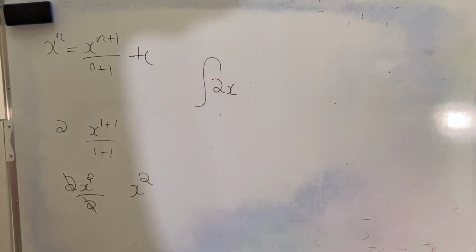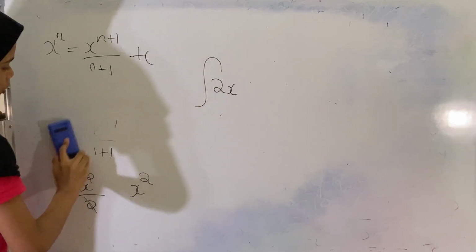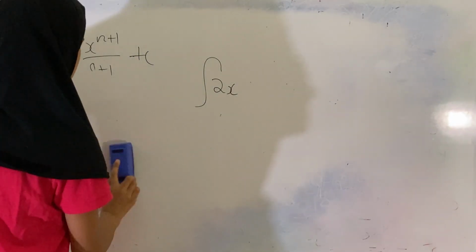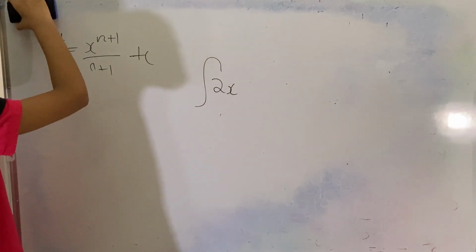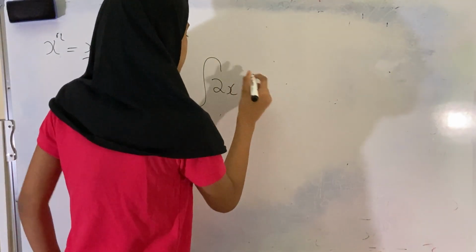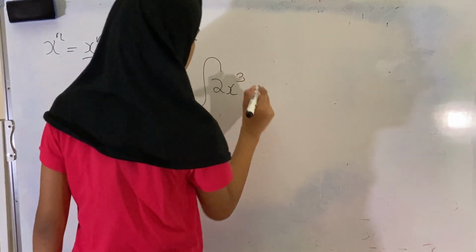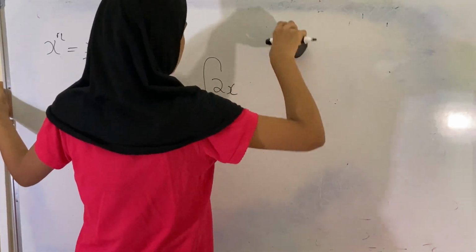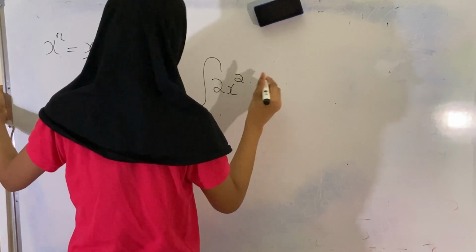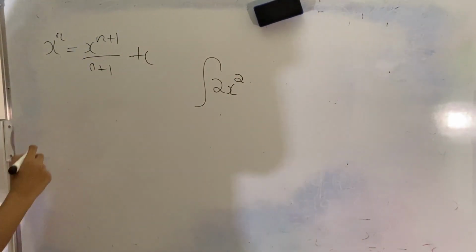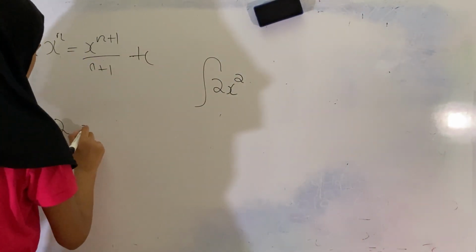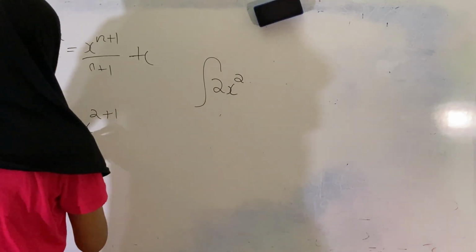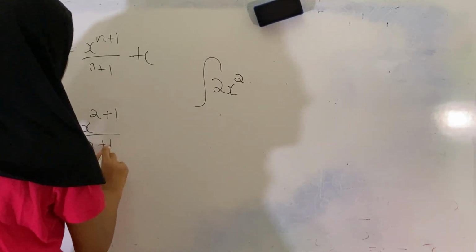So the answer of 2x is x square plus c. Okay, now if the question is 2x square, let's put the 2 right here and focus on x square. x raised to 2 plus 1, by 2 plus 1.